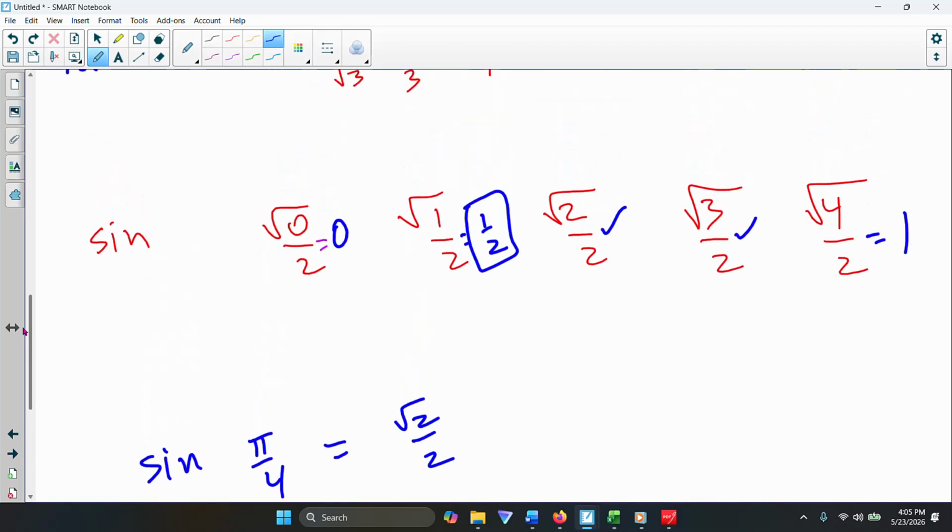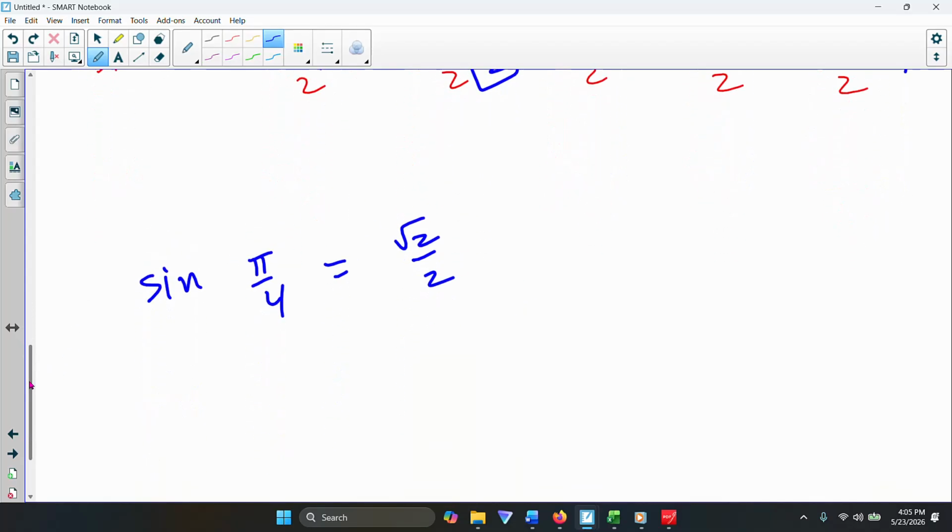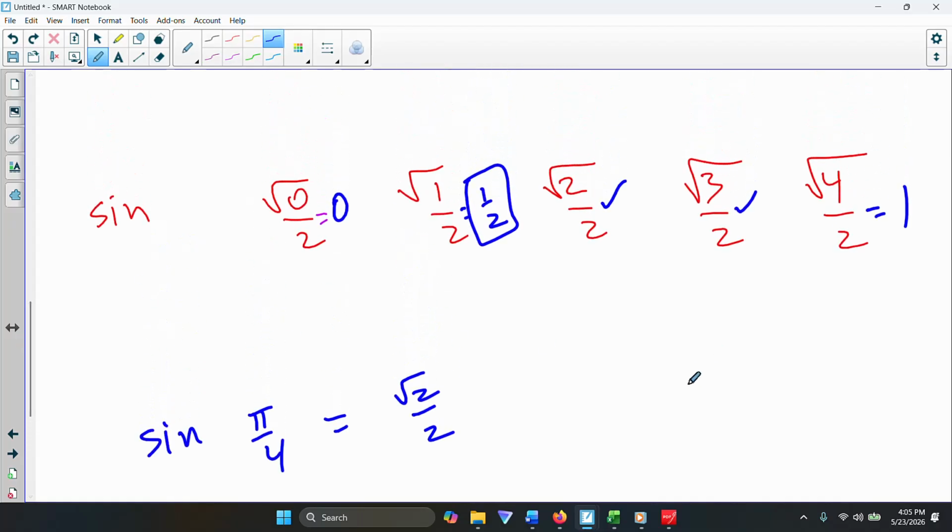In fact, maybe here's my assignment for you in the summer. Go to your parents and ask them, what's cosine of pi over, I don't know, pi over 3? And they should instantly tell you, oh wait a second, that's pi over 3, that's over there, this is 1/2.